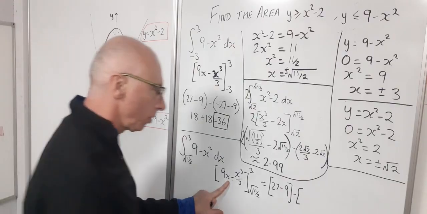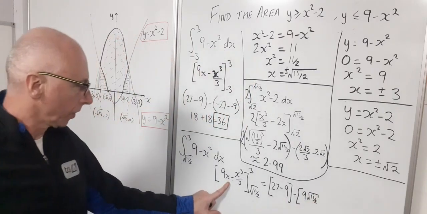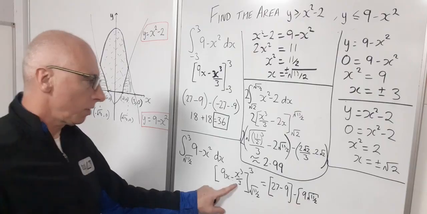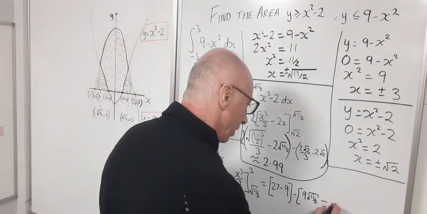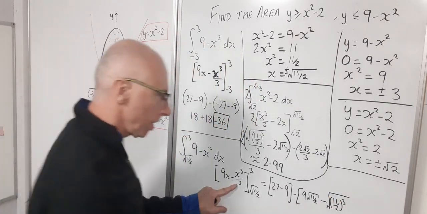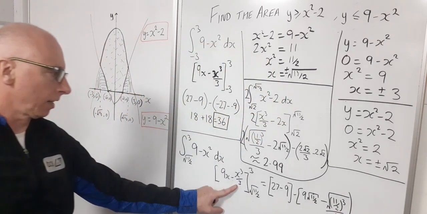Now subtract when we've got square root of 11 over 2. So 9 times root 11 over 2, that's all inside the radical, and then minus this cubed. So minus 11 over 2 cubed, put inside the square root, divided by 3. That takes care of that.